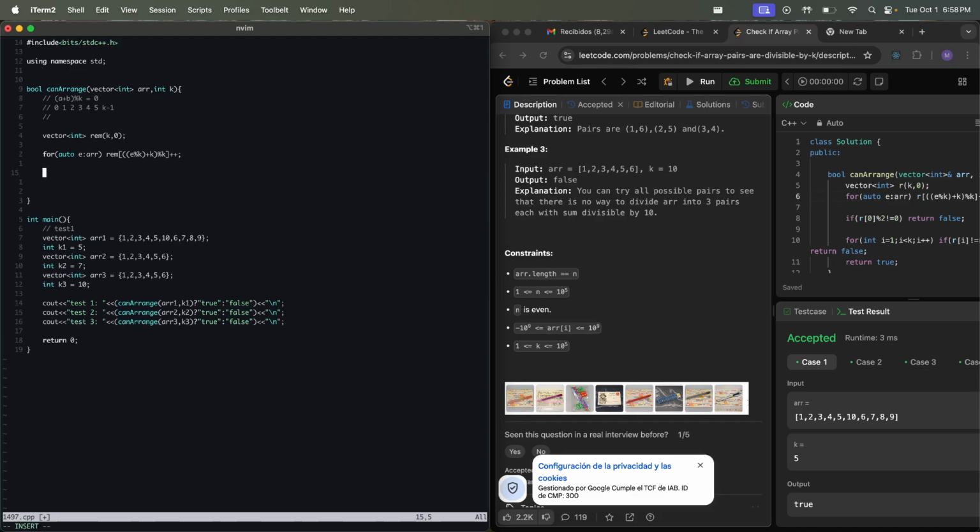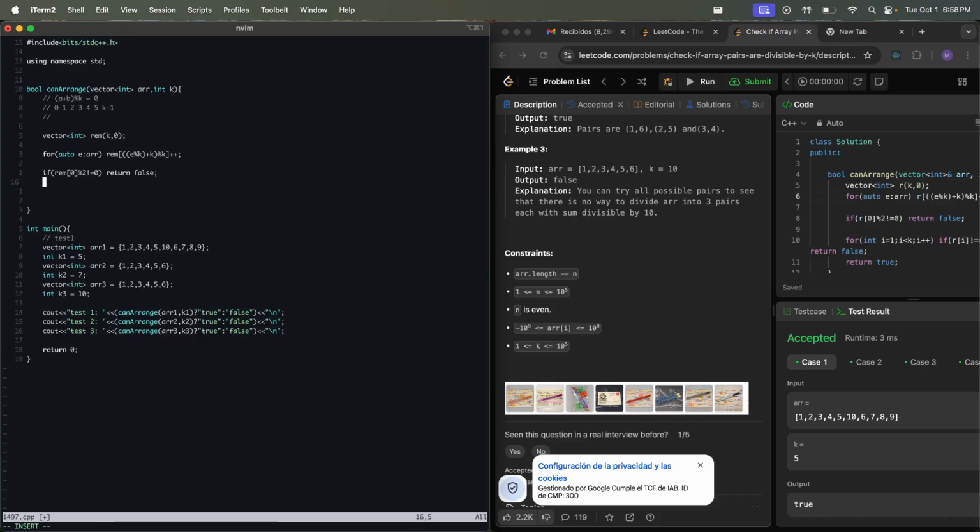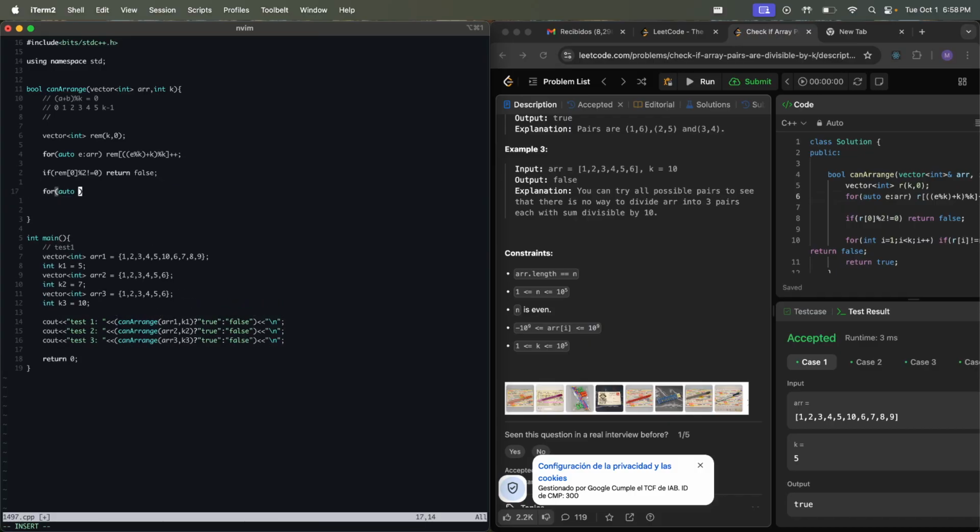And then we need to first validate the first condition, that the numbers with remainder 0 need to be paired, and if it is not the case, then we need to return false. Then we need to check that for each possible pair, the count of numbers with remainder k minus e is the same as the count of numbers with remainder e.